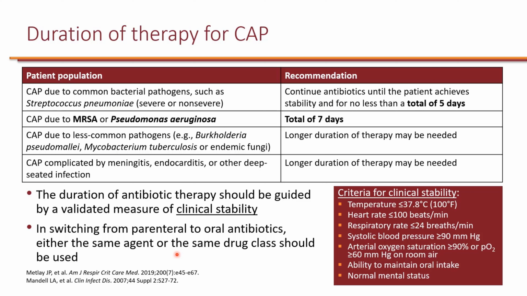For example, ceftriaxone is only IV. In that case, you can find an oral equivalent as long as it's in the same class. So in general, with a third generation cephalosporin, you can switch from an IV to an oral. The same is true with the penicillins and beta-lactams in general.